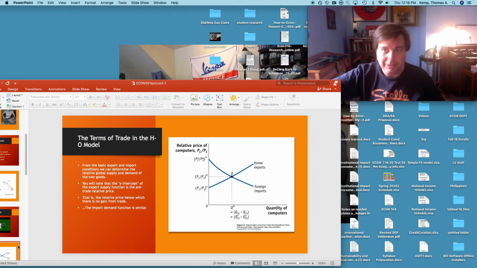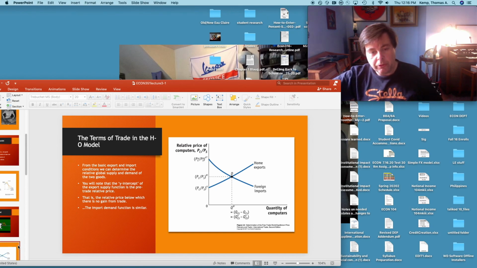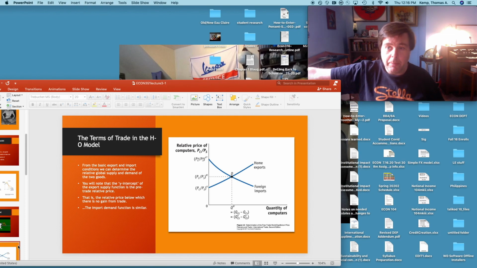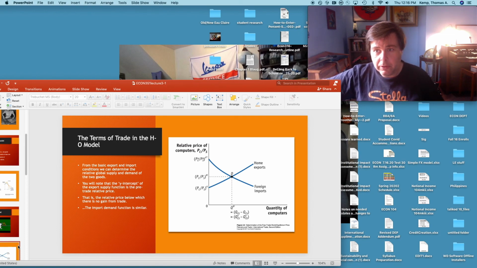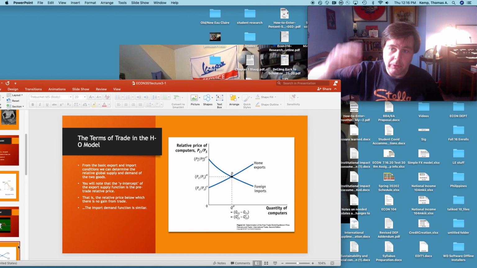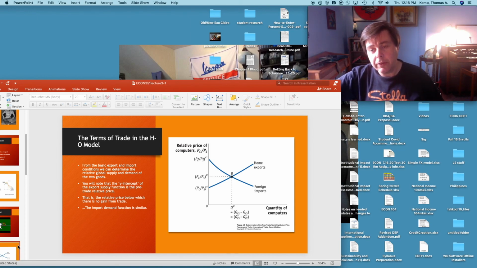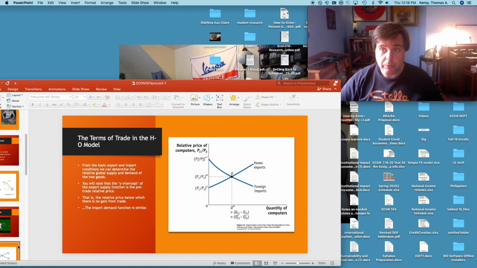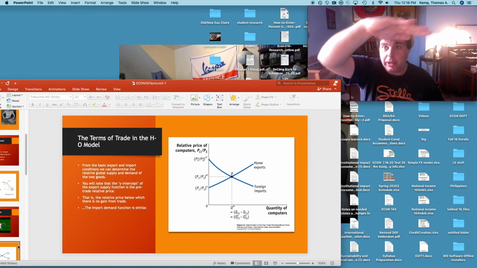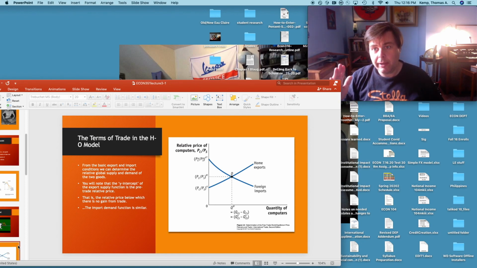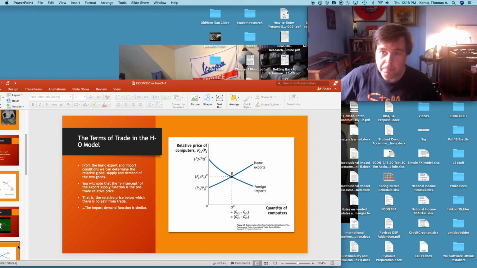But okay, say we can produce computers at $800, but I can buy them for $400 overseas. That means the price on the global market is radically different than the pre-trade price in my home country. Well, that produces a large import demand. In other words, we're going to buy a lot of computers, right? Why? Because it's going to take a lot of movement around that PPF before those prices equalize across the two countries. Okay.